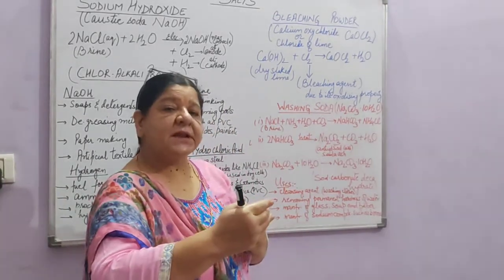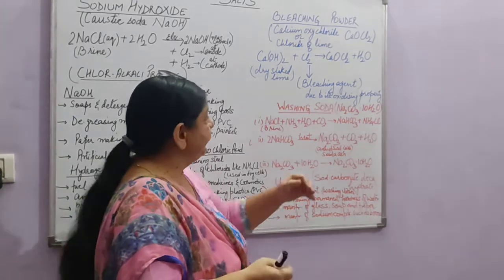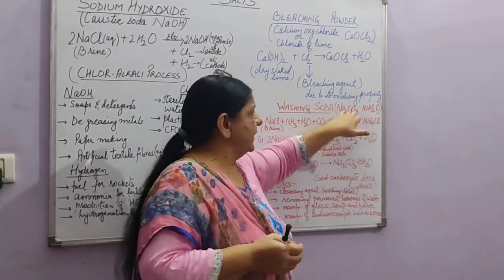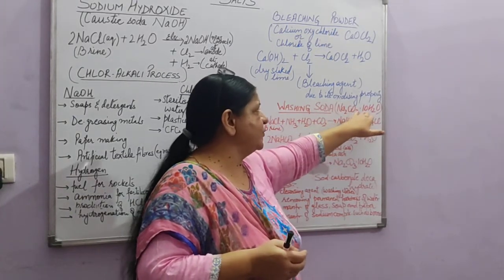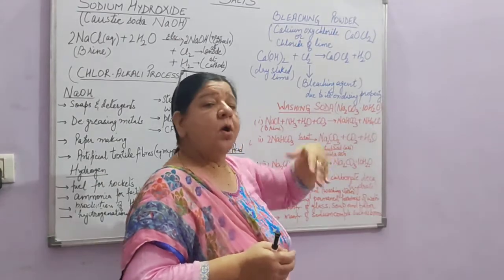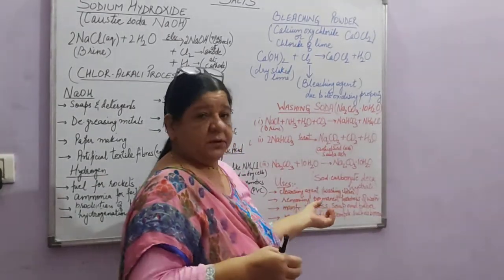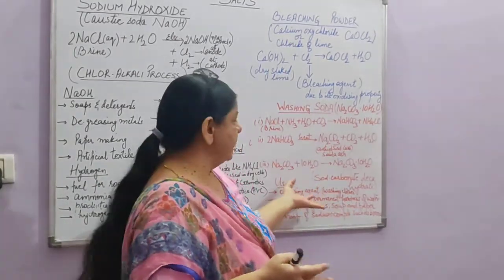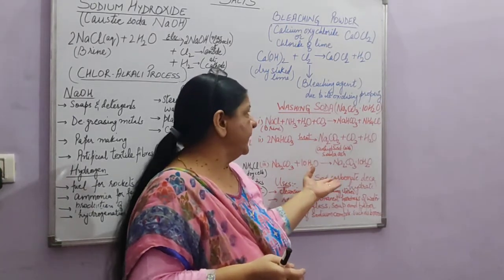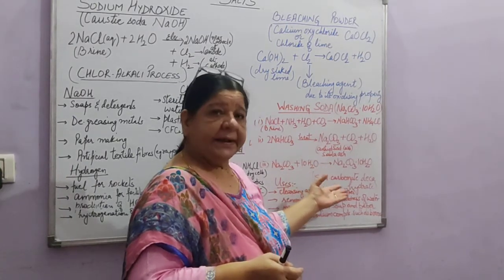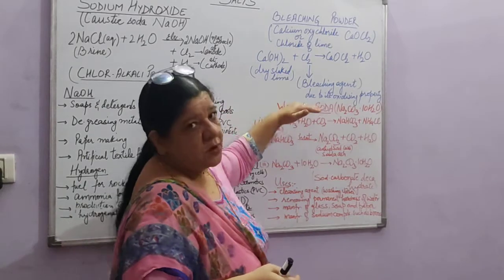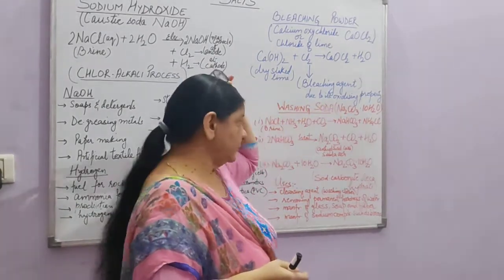About water of crystallization we will talk a little later. So just now you learn this formula, Na2CO3.10H2O. The chemical name, not the common name, is sodium carbonate decahydrate. The common name is washing soda.